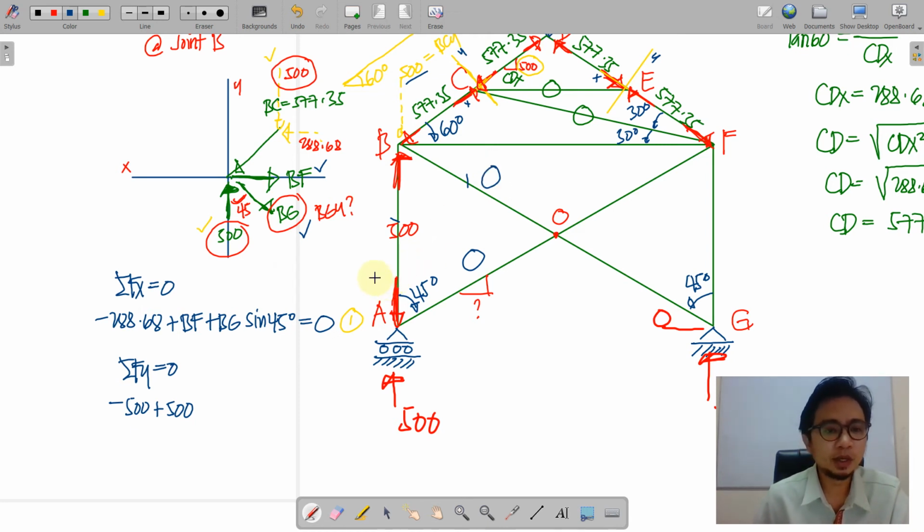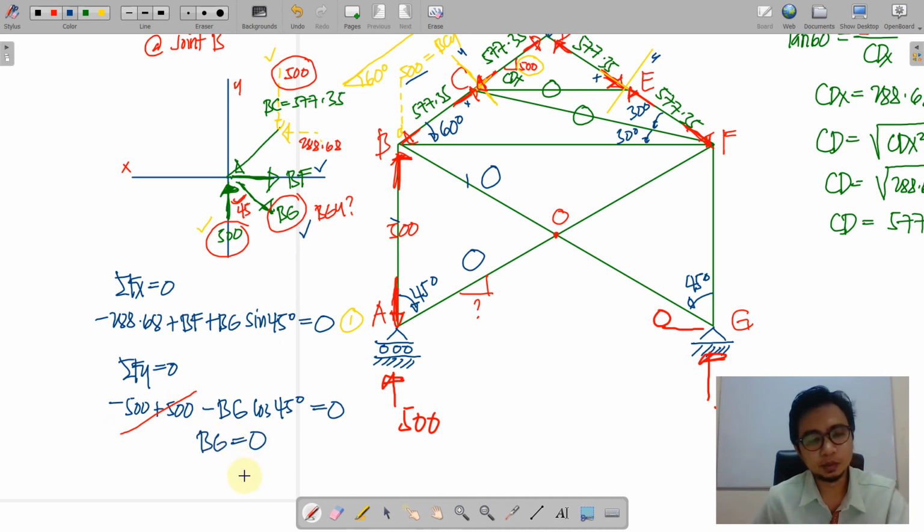So anyway, if we're going to continue our equation here, if BG is assumed to be tensile, then it is going downwards according to the arrowhead, and that is negative BG cosine of 45 degrees, and this shall be equal to 0. So this is just cancelled, and BG here is really equal to 0.